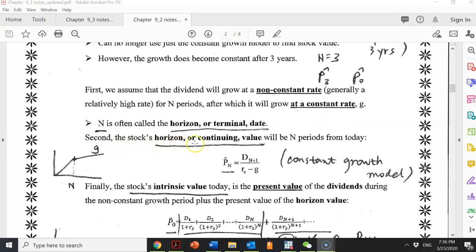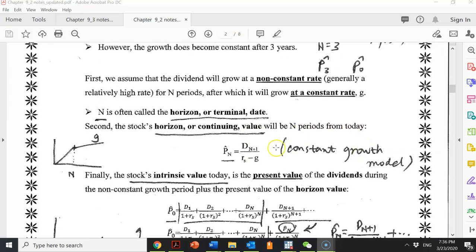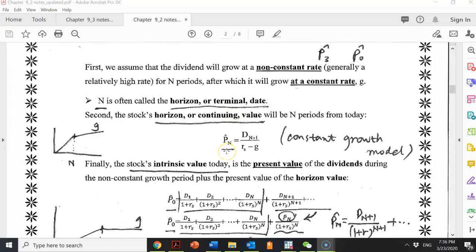Second, the stock's horizon value or continuing value will be n periods from today. So the stock's value at the horizon date, Pn, is called the horizon value. And for Pn, because after n years it is all constant growth rate, we can use the constant growth model to calculate Pn.